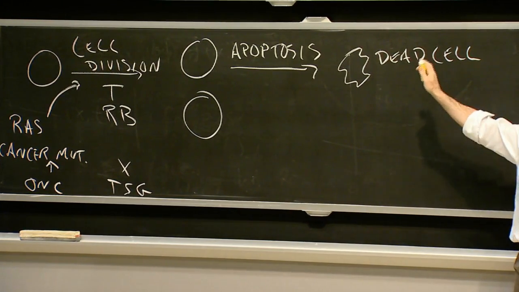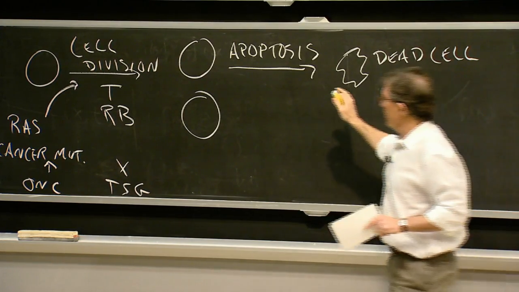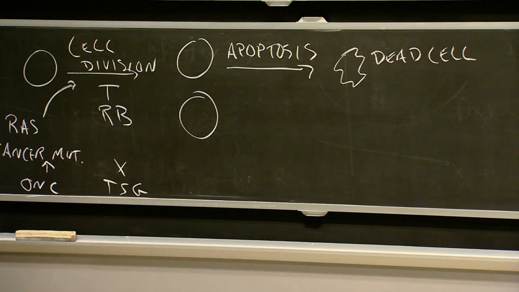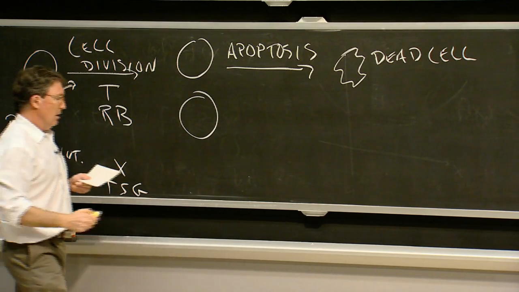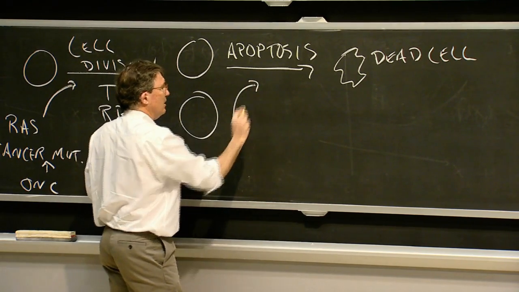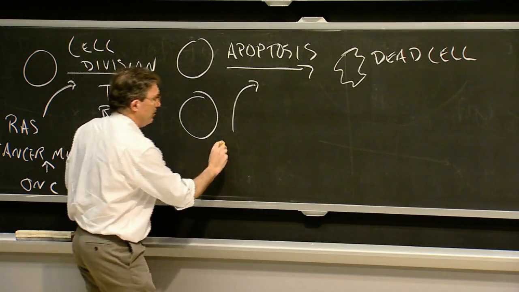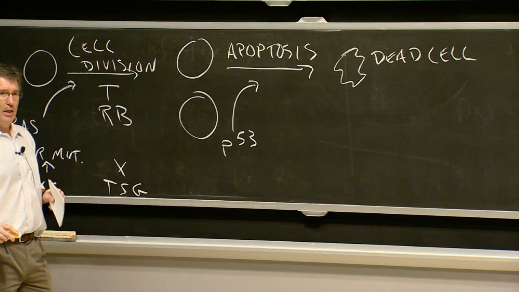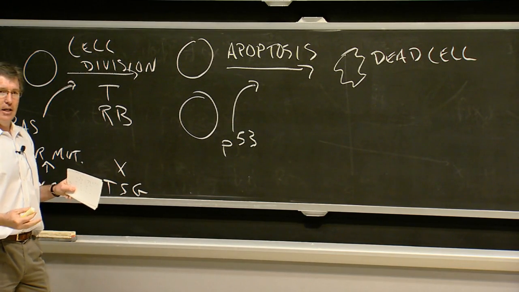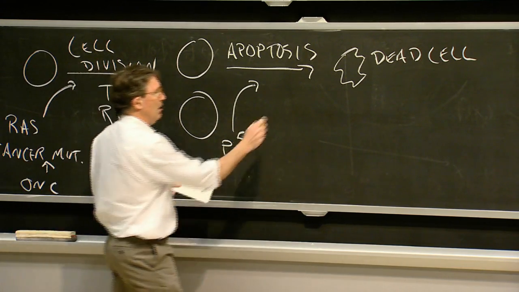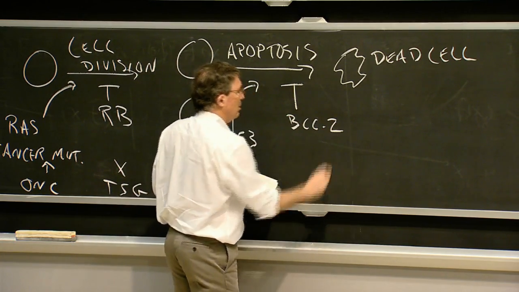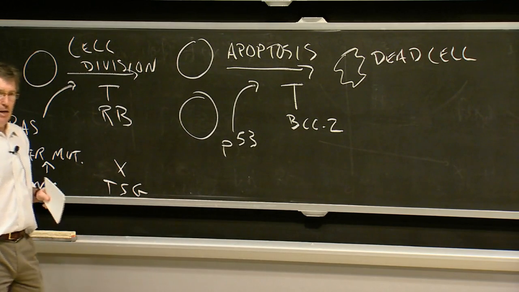And failure to undergo apoptosis properly will likewise result in too many cells, which again can be cancer causing. We have genes that regulate this process. For example, the p53 gene, which we'll discuss in some more detail, positively regulates apoptosis. And another gene called bcl-2, which negatively regulates apoptosis.